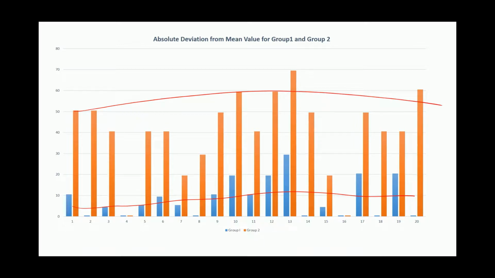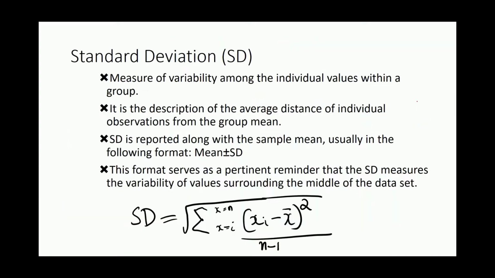So we need some measure that calculates the average deviation. With the mean and that average deviation, when you compare group 1 and group 2, we can say whether the populations are similar or not. This average deviation is what is called the standard deviation.